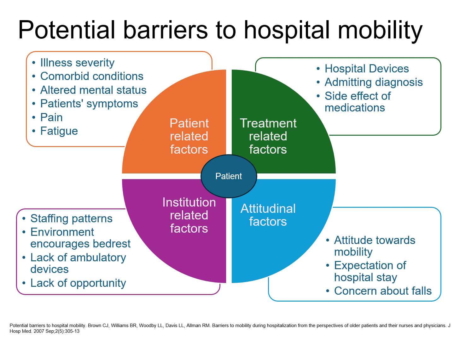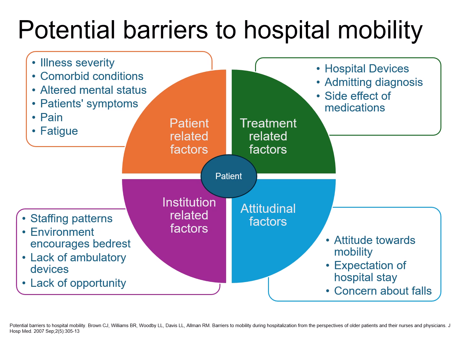So the barriers could be patient related: the illness severity, comorbid conditions, altered mental status, pain and fatigue. Treatment related factors, so it could be hospital devices, like I say, IV and catheters. There could be side effects of medications that might be preventing people from moving.